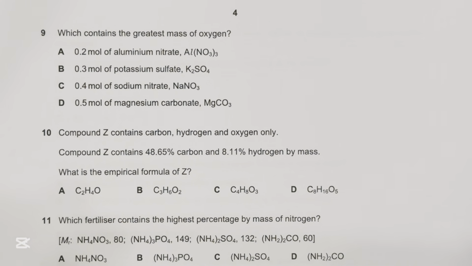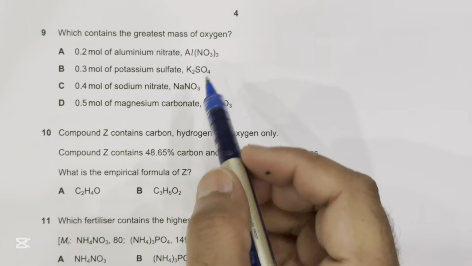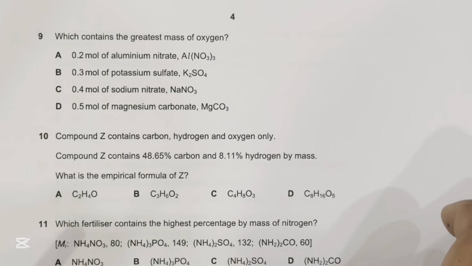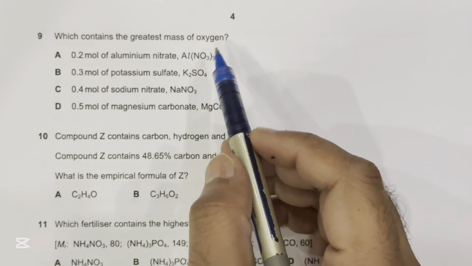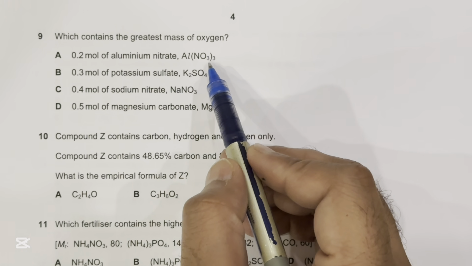Okay, moving to question number 9. Which contains the greatest mass of oxygen? 0.2 mole of aluminum nitrate. Okay, in this question we have to calculate. I will calculate all the options and check which option is carrying the greatest mass of oxygen. How many oxygen atoms are present in aluminum nitrate?